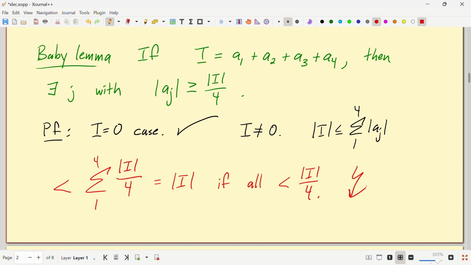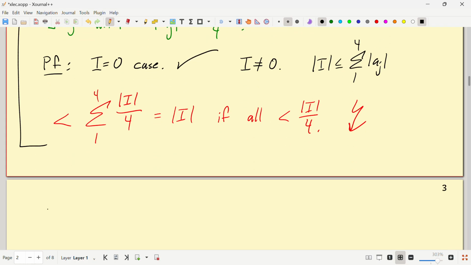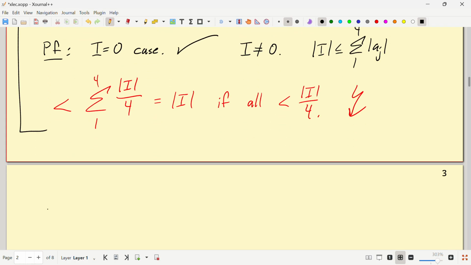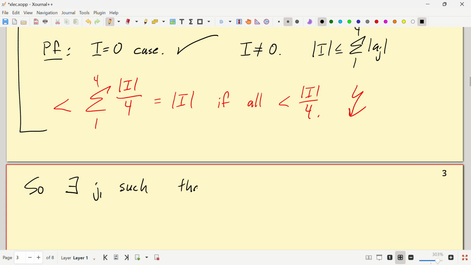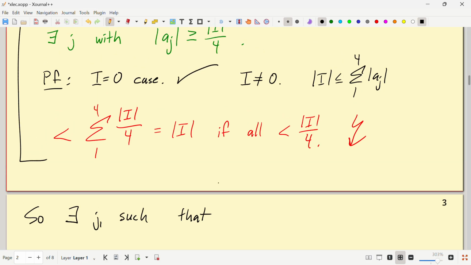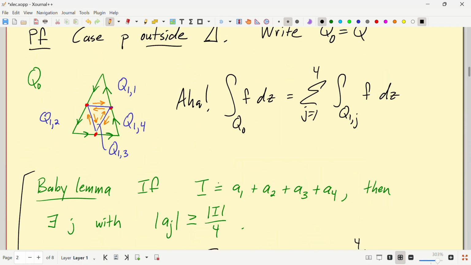Okay, so that's enough of the baby lemma. So that means there exists one of those triangles where that integral is kind of big. Let me go back up here. I'm going to call this I. This is what I want to show is equal to 0.